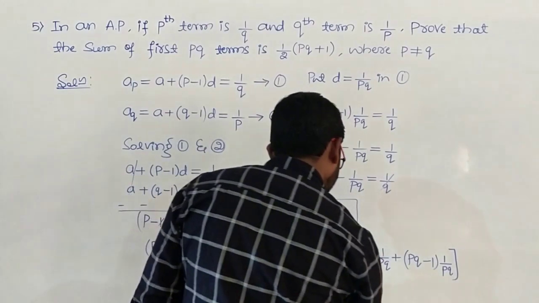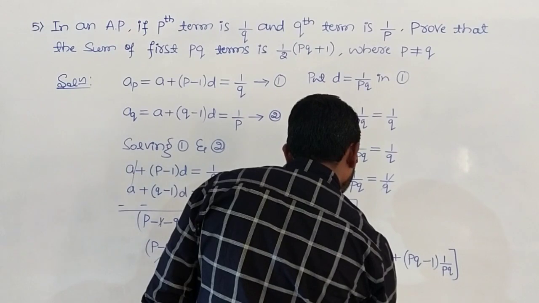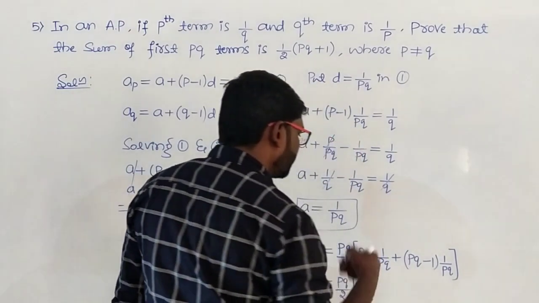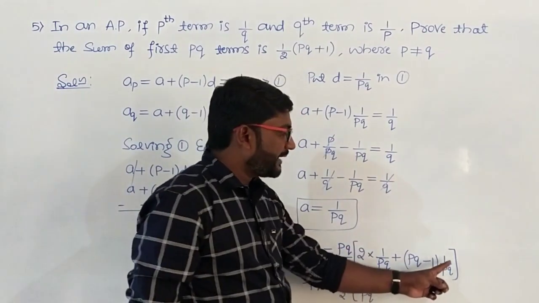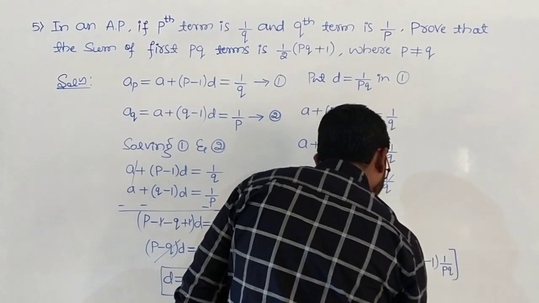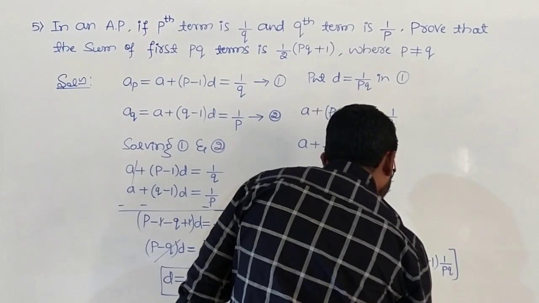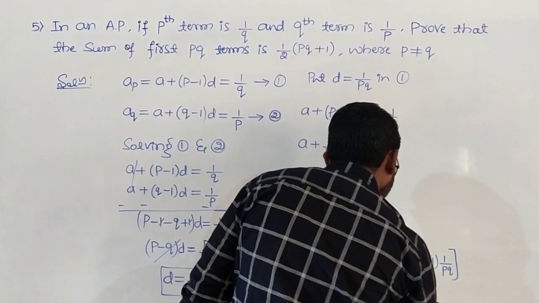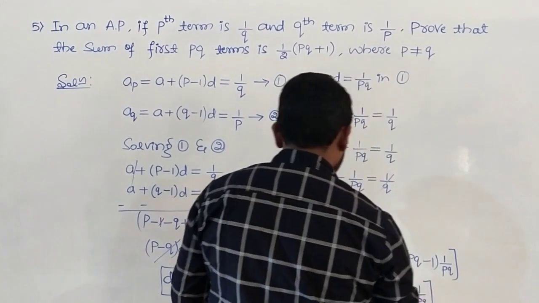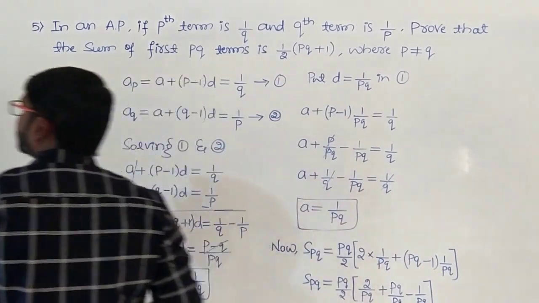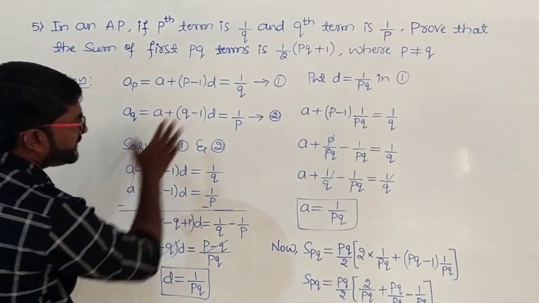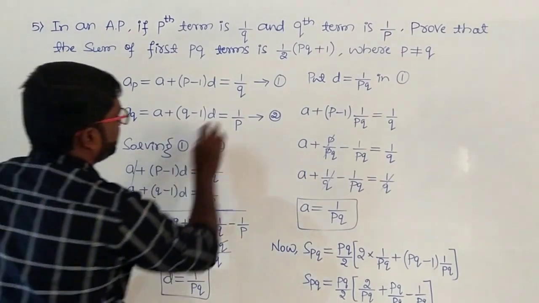Then here we get 2 divided by PQ, and then multiply 1 by PQ with these two terms, plus here we get PQ divided by PQ and then minus 1 by PQ. So now in the next step we will simplify this since we don't have much space. So for the time being, note down this and then we'll go for the further steps.